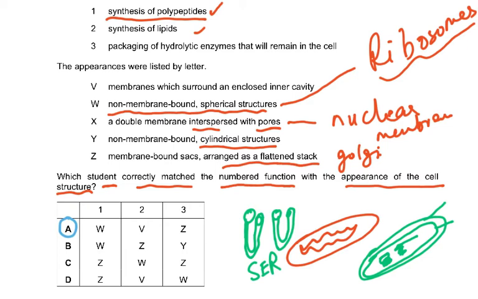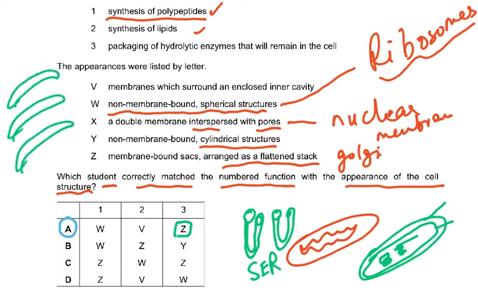And then the third one was packaging of hydrolytic enzyme. Now that of course is the Golgi body, and that was Z, which I've just talked about, a membrane bound sac arranged as flattened sacs. It's something like this. As I said, when you go to buy halwa puri and the puris are stacked against each other at the top, they just keep on putting them one on top of each other, and that's what it reminds me of, the Golgi body.